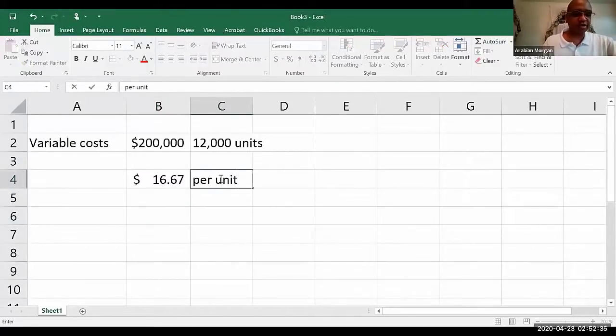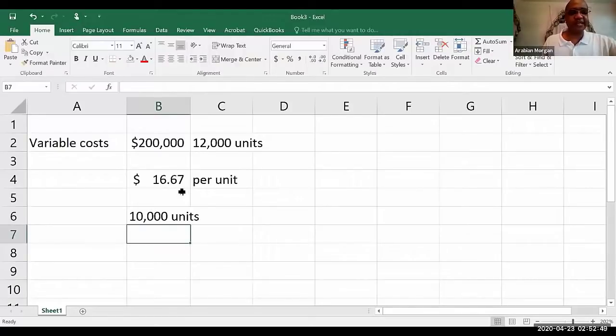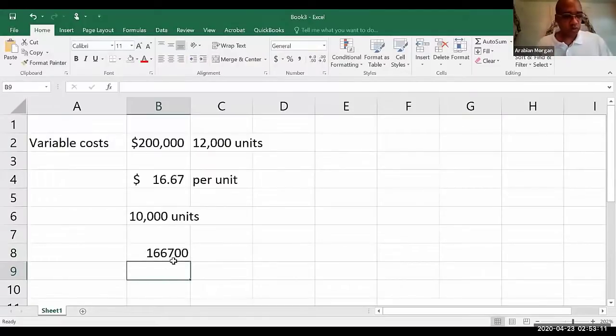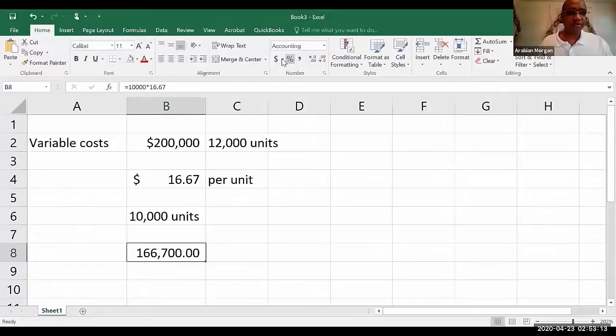So this is the per unit amount. Now I'm going to multiply this per unit amount times 10,000 units. Remember, I'm using 16.67 as my per unit amount. I'll go ahead and make this into a dollar amount.